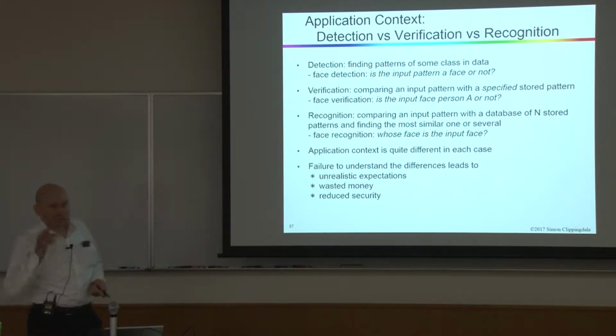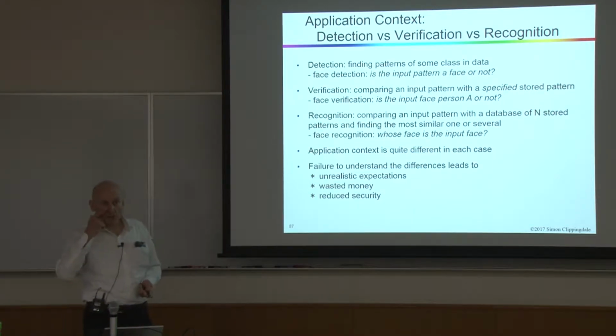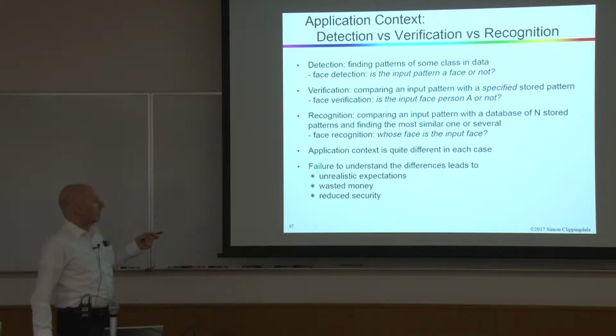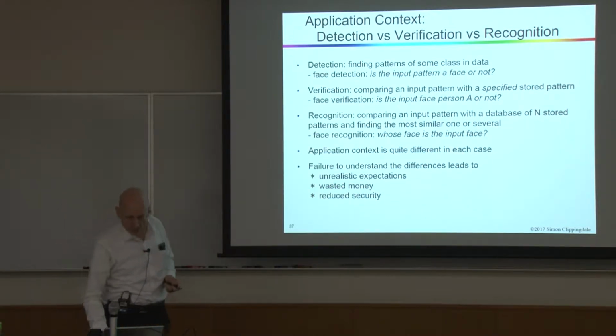And the context of each of these applications is quite different, and a very common failure to understand the differences between these leads to unrealistic expectations of the systems, a lot of wasted money and a lot of reduced security, as I will try to explain.